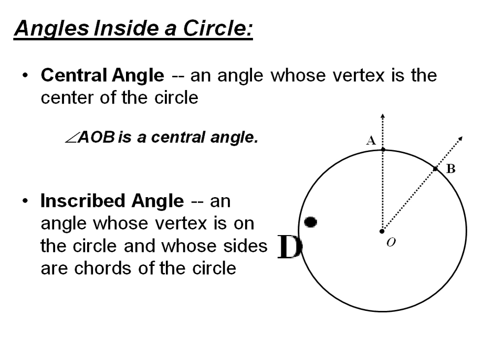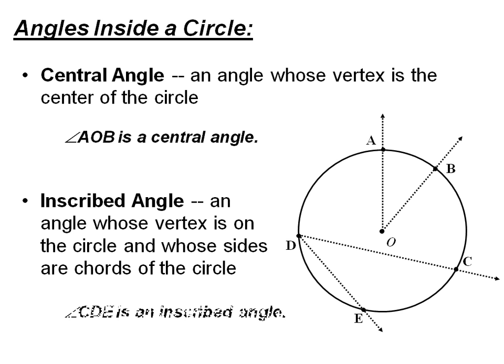For example, if we plot a point D on the circle and then extend two rays beyond point D, ray DC and ray DE, then the angle formed there, angle CDE, is an inscribed angle because its vertex is on the circle, point D, and its sides, ray DC and ray DE, are chords of the circle. Therefore, angle CDE is an inscribed angle.